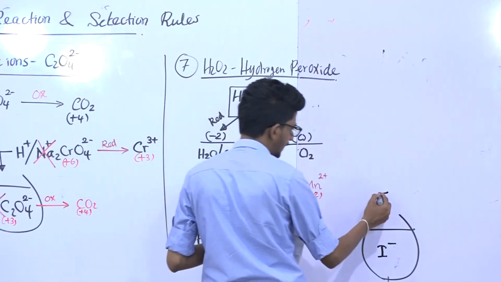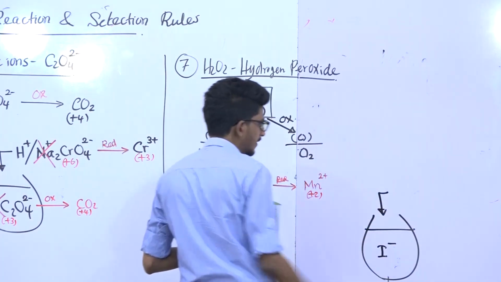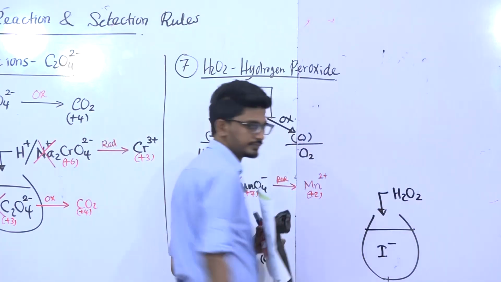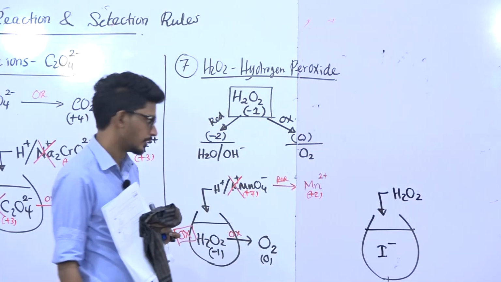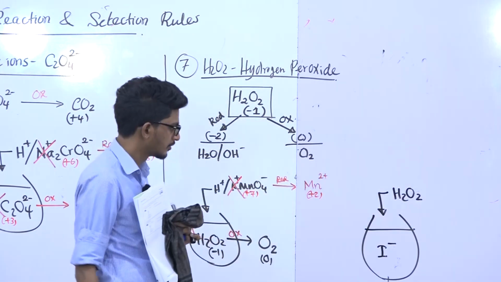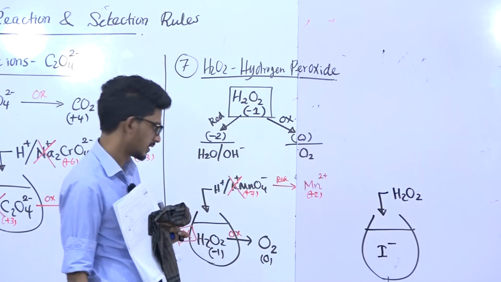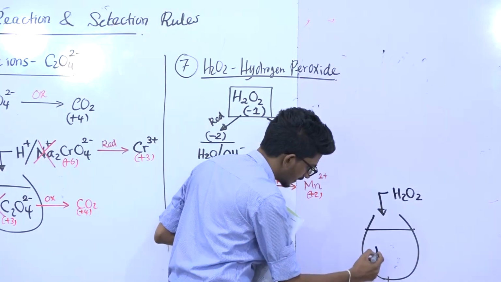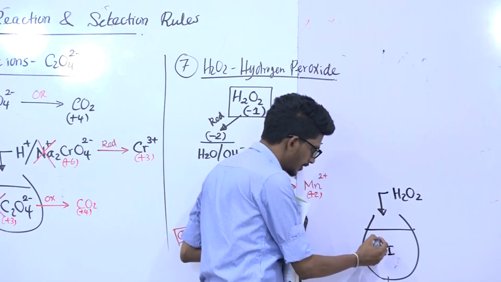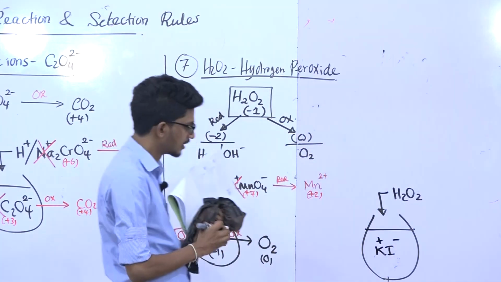From the top, you are adding H2O2. So what kind of reaction is possible here? Let's say KI, so you have the K+ and the I- there.